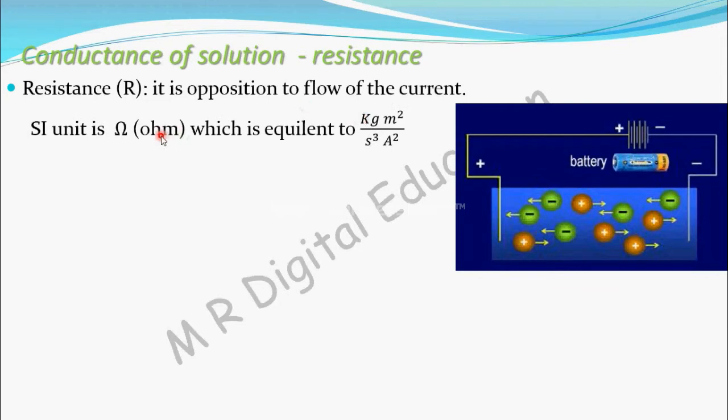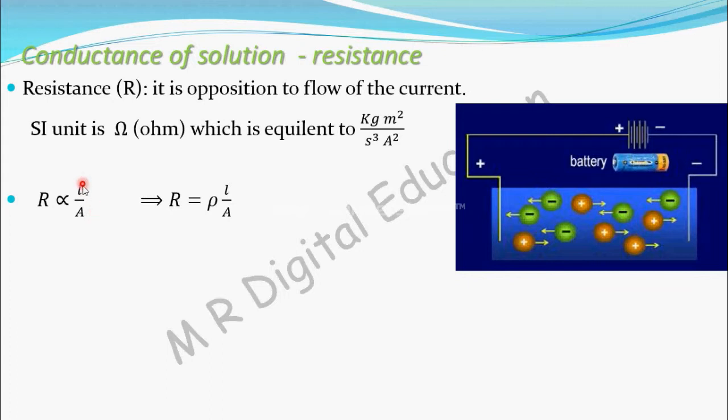Its SI unit is ohm, which is also equivalent to kg meter square by s cube A square. This I will explain later. See now, this resistance is directly proportional to the length and inversely proportional to area.